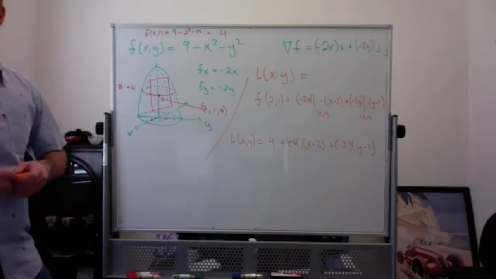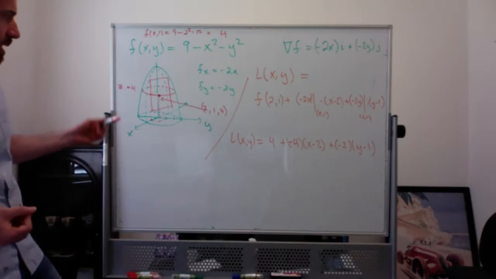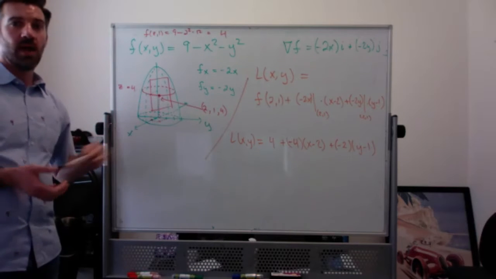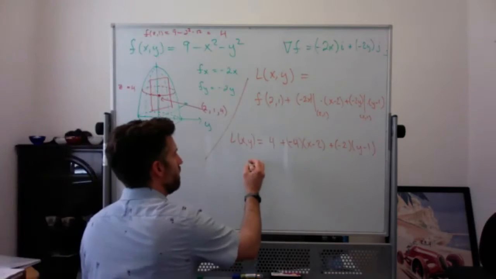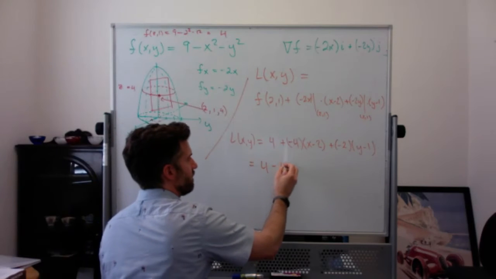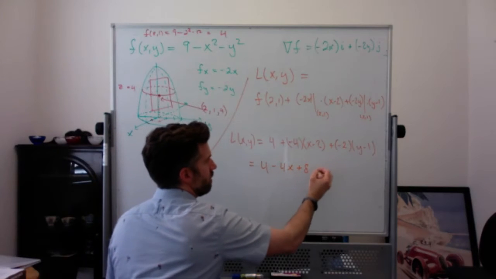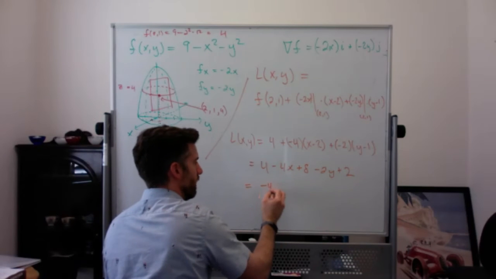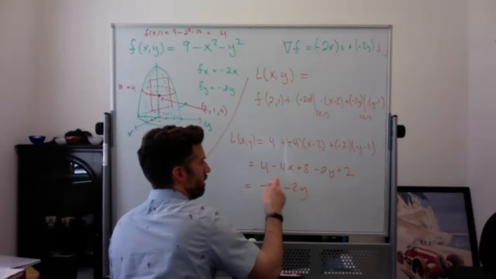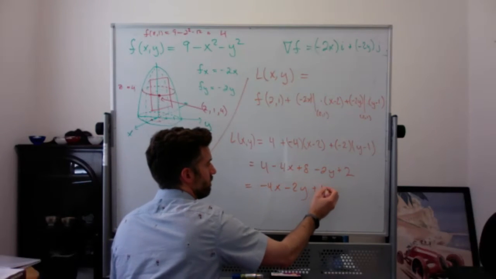And that's the equation of the tangent plane at that point. And while you could simplify this, or you could totally multiply it out, you get 4 minus 4x plus 8 minus 2y plus 2, and write it as negative 4x minus 2y plus 14.